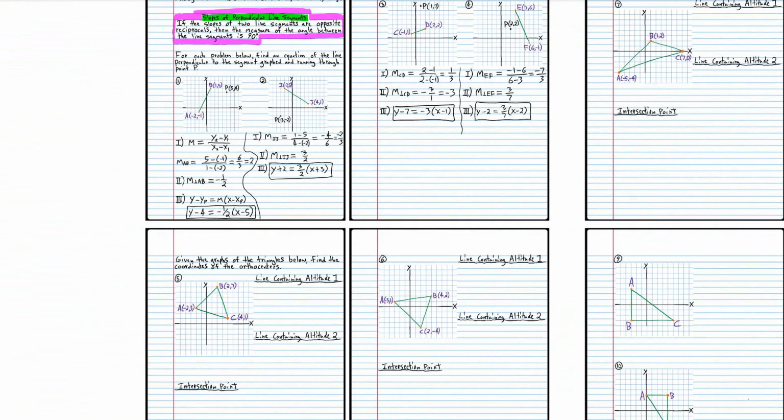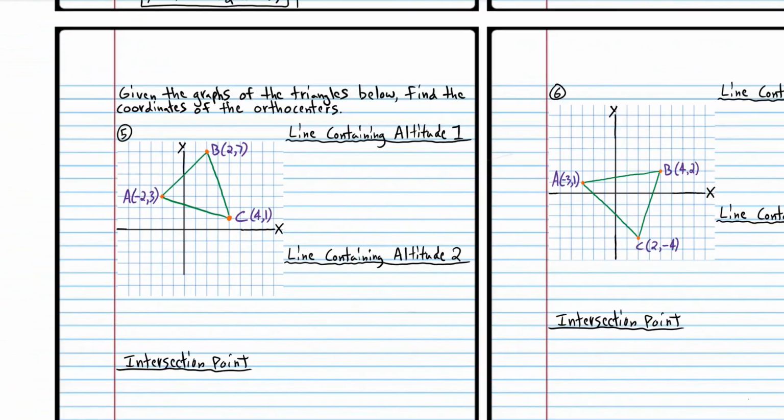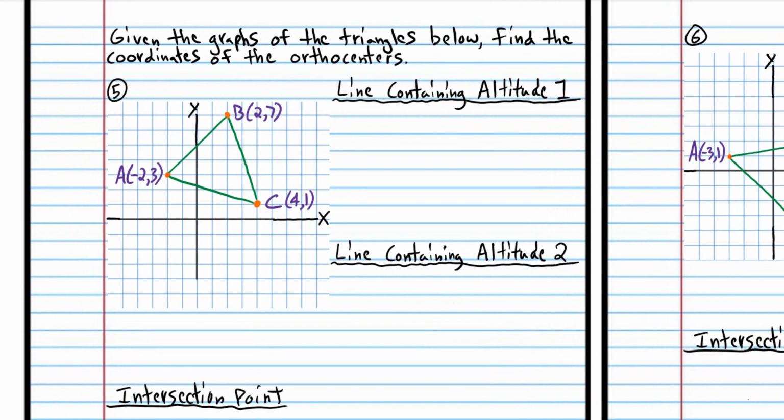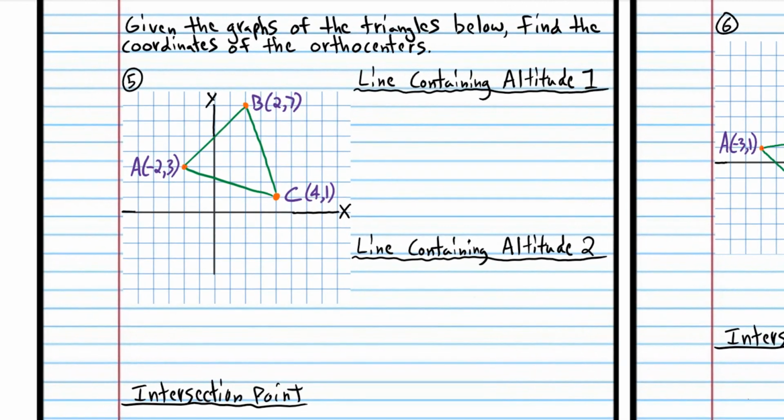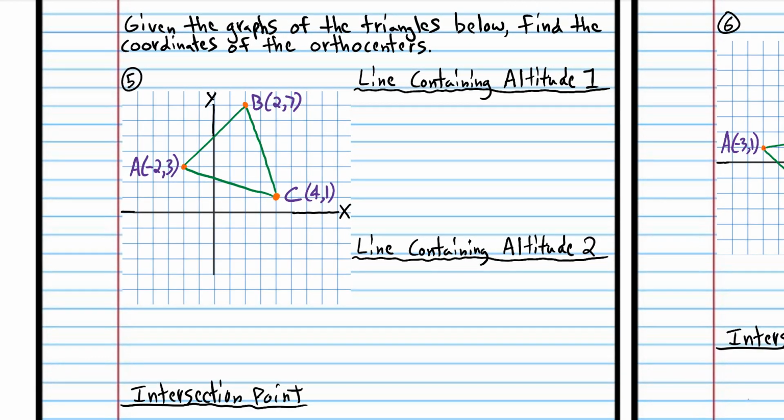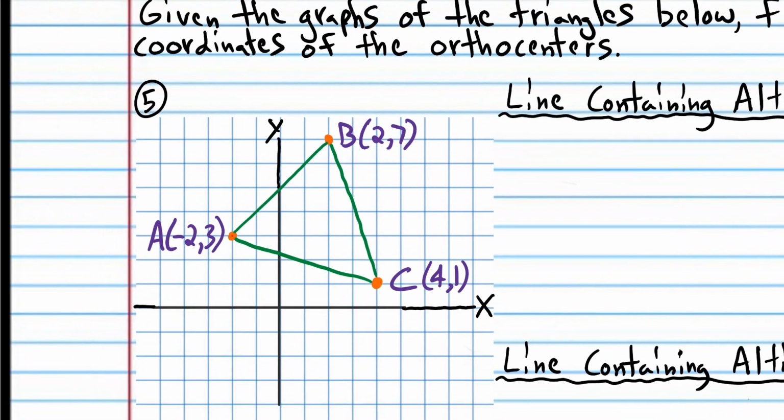All right, so those problems were preparing us for problems where we're going to find the coordinates of the orthocenter of a triangle. So we have a triangle here, and let's review what the orthocenter is. Let's say that I make this the base of the triangle. If that's the base, then the height is going to be something like this. Now, let's say that I make this the base of the triangle.